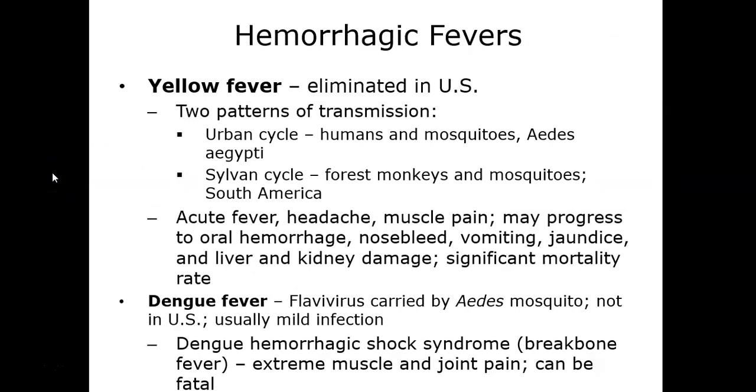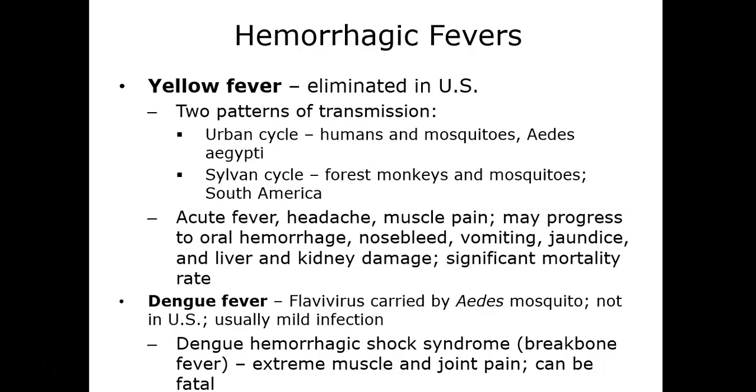So we're going to talk about our hemorrhagic fevers now. The first one we'll get into is yellow fever, which has been eliminated in the United States and has really two patterns of transmission. There's an urban cycle, which is between humans and mosquitoes, specifically the Aedes mosquito.